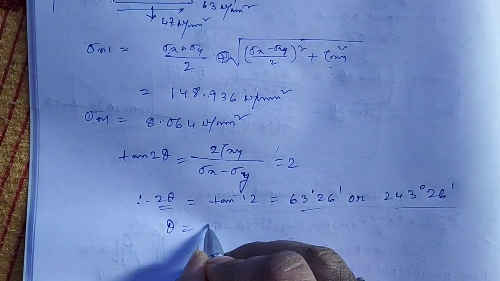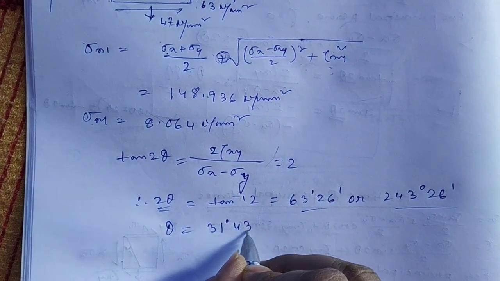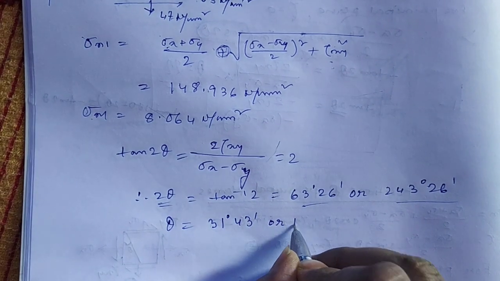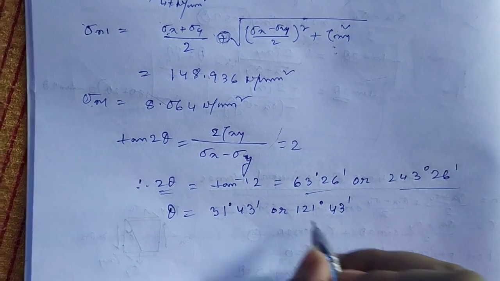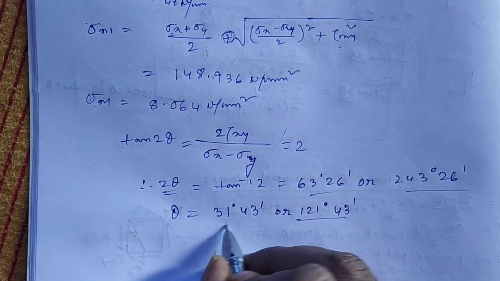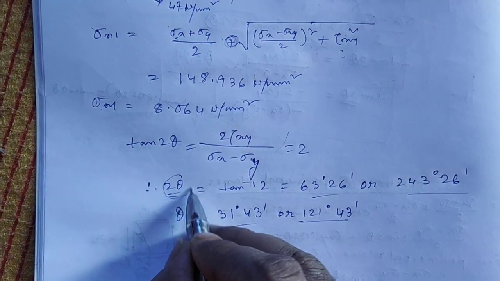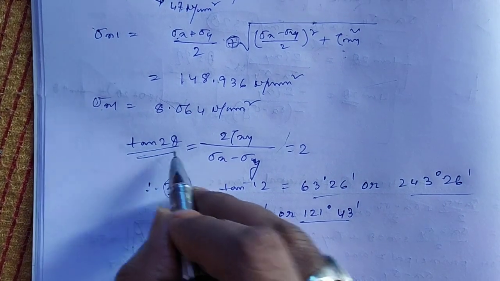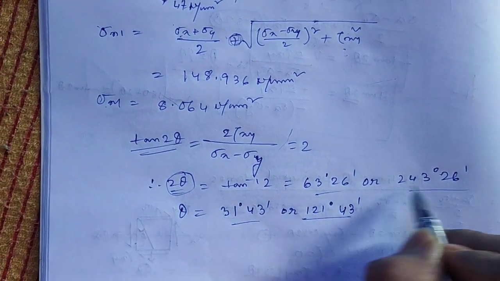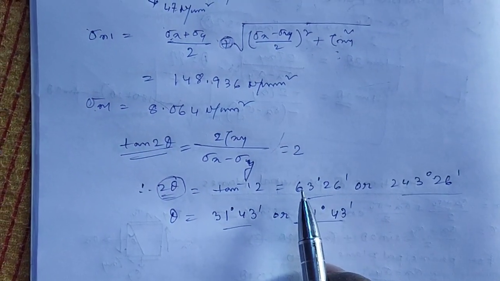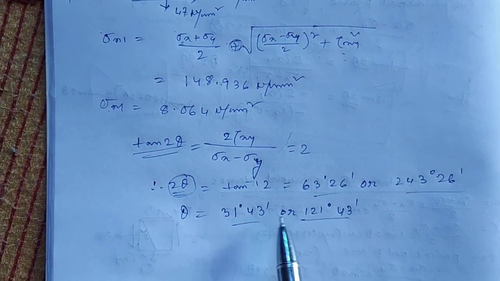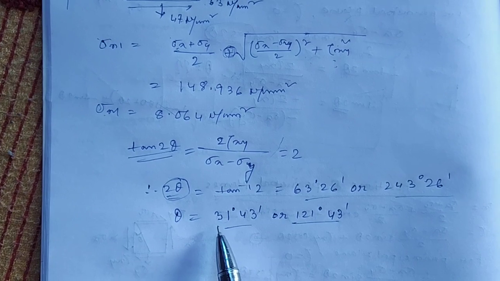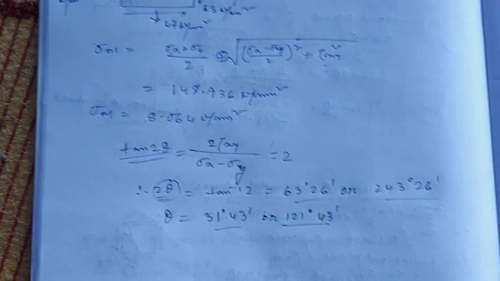Theta will be equal to 31 degree 43 minute or 121 degree 43 minute, right? That is why we are saying that there are two possibilities for tan 2 theta. We will be getting two values 180 degree apart for 2 theta, so 90 degree apart for theta, right? So those are the positions of the principal planes.